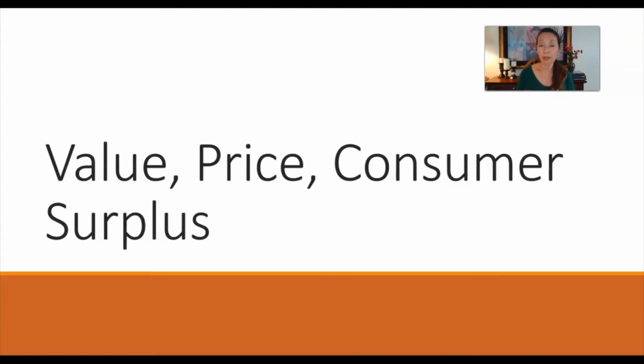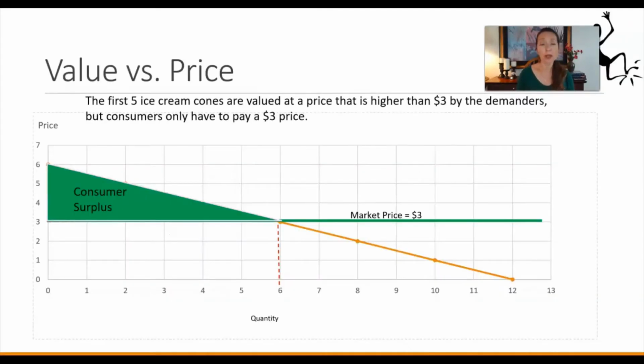So we have a new concept that we're introducing, which is called consumer surplus. Here we have the situation of our demand curve with our ice cream cones, and we can see that the price of the ice cream cone was $3 and 6 ice cream cones are purchased. Now recall that the demand curve represents the marginal benefit curve.